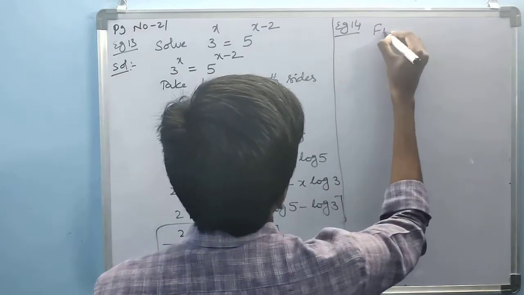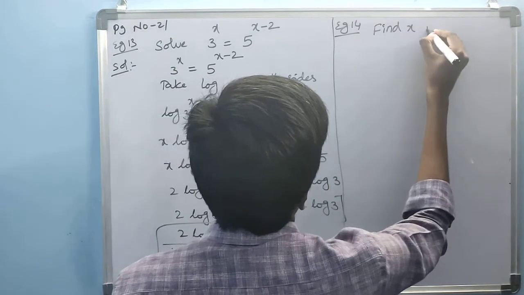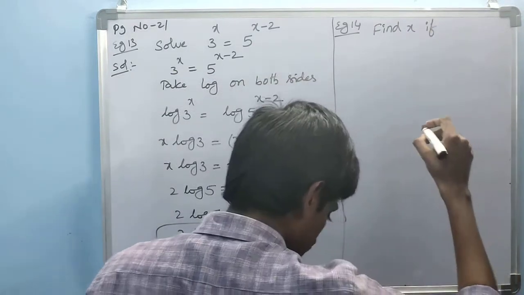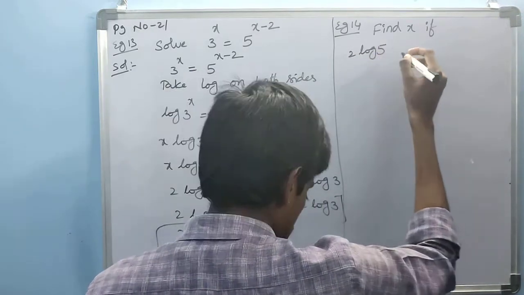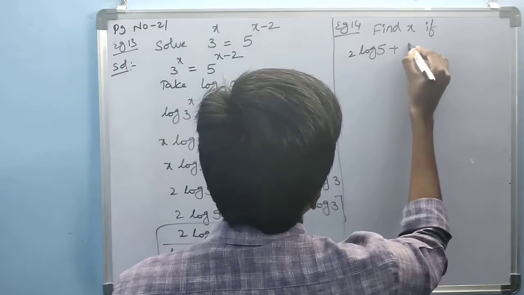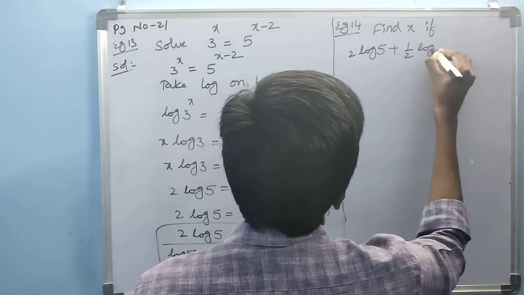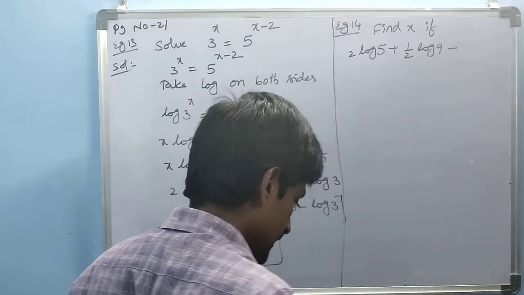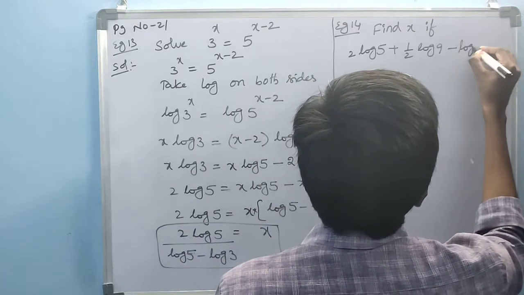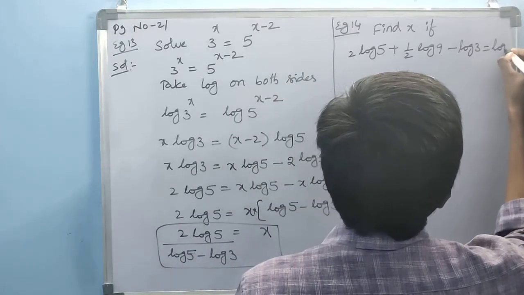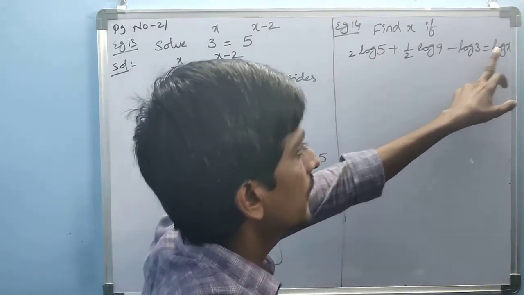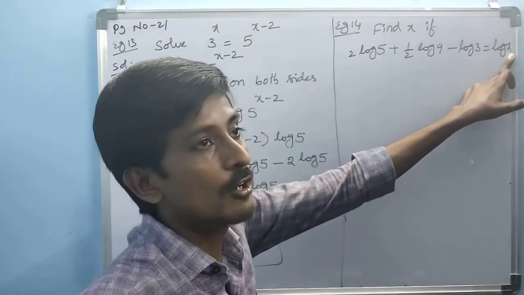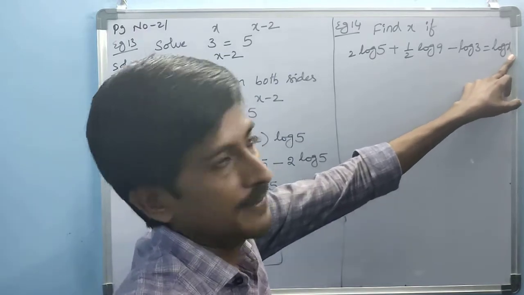Find x if 2 log 5 plus half log 9 minus log 3 equals log x. Here some values are given, and x is to be found. So what is the value of x?